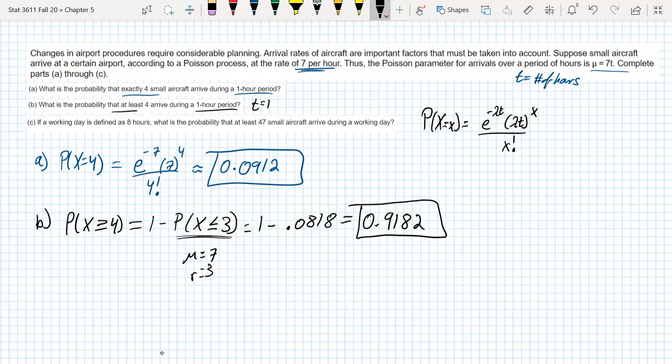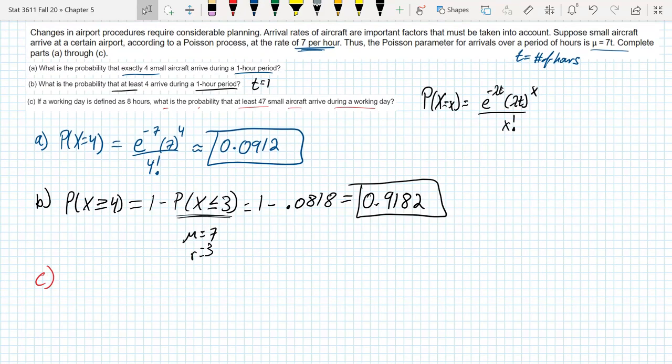And last part. Part C. If a working day is defined as 8 hours, what is the probability there's at least 47 small aircraft arriving during a working day?